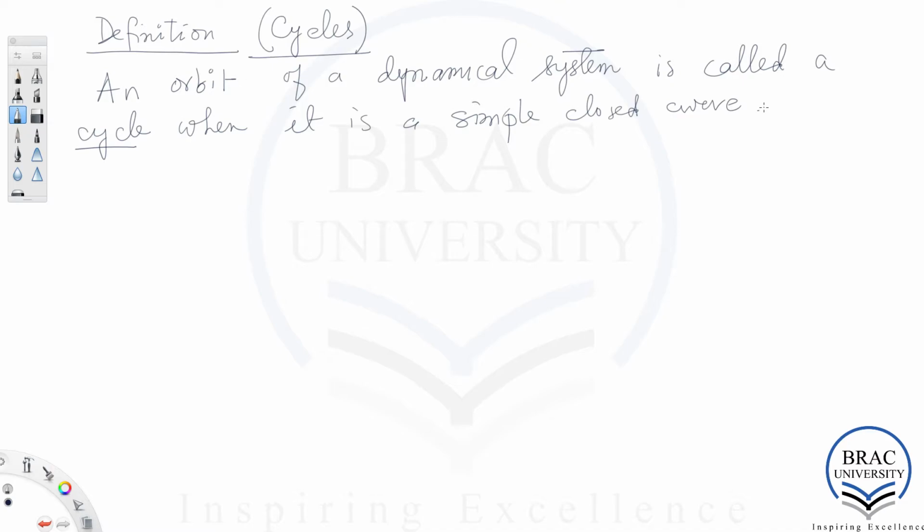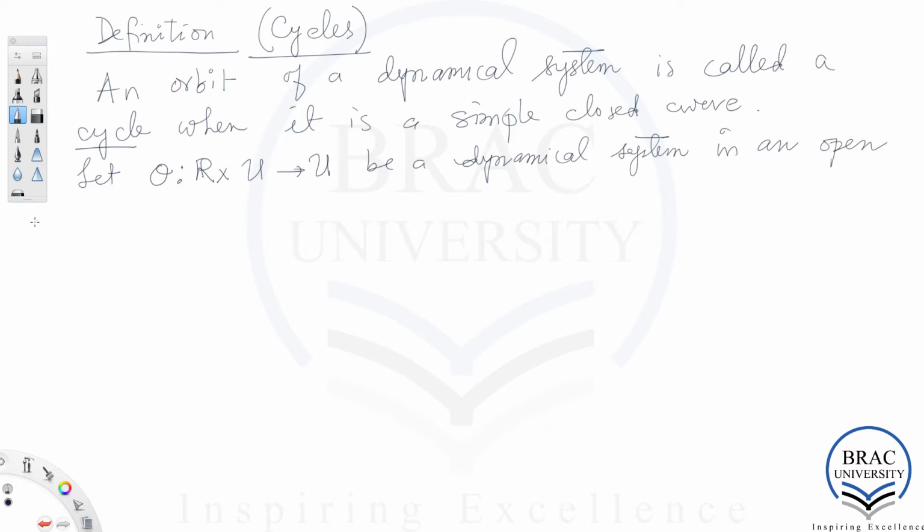Right? Let theta from R cross U to U be a dynamical system in an open set U of R to the n.